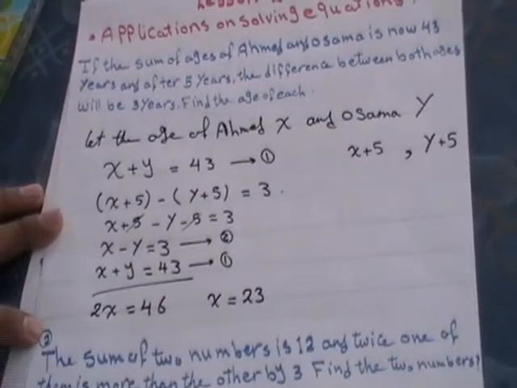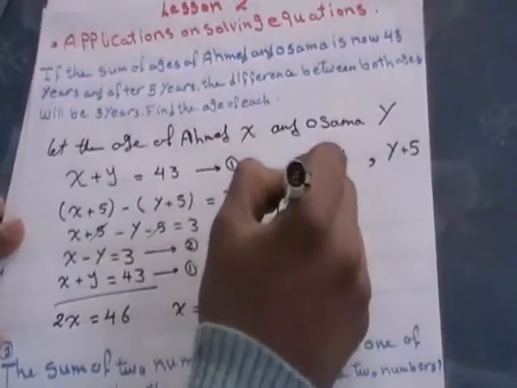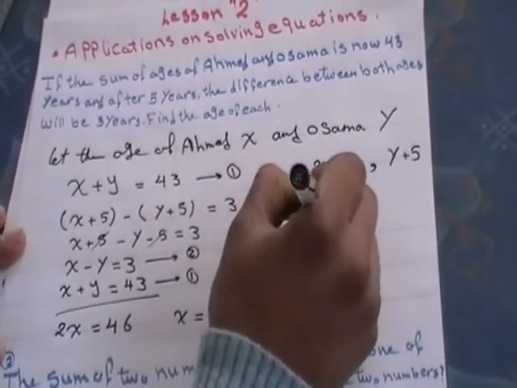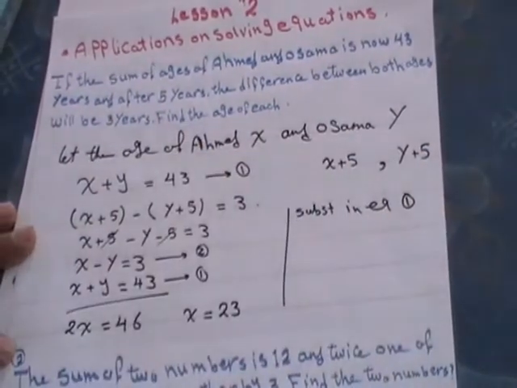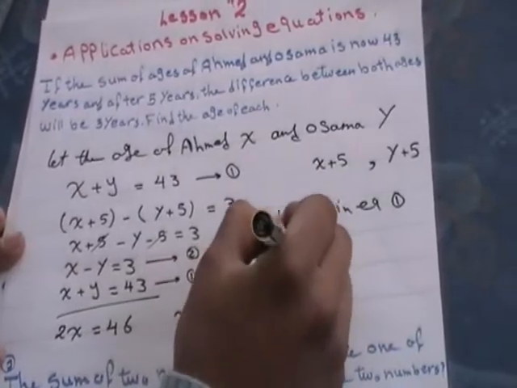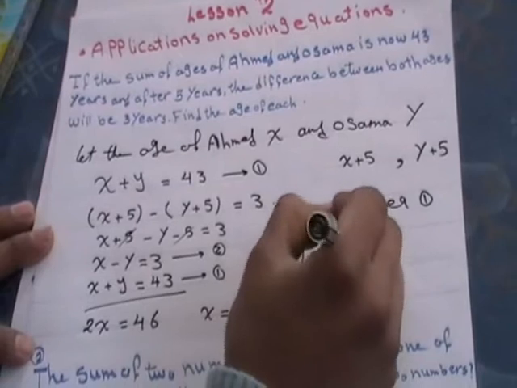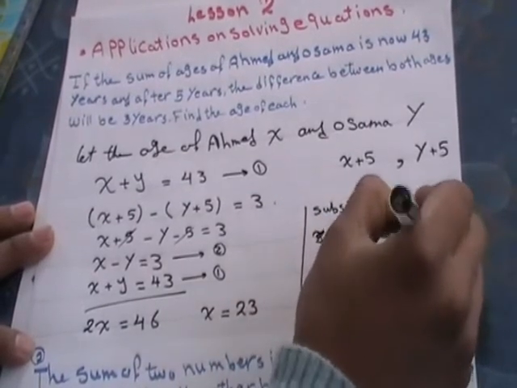If you have x equals 23, you will substitute in one of the two equations, like substituting in equation number 1. Substitute in equation 1, and you must write what you will do. So you will have x equals 23, so put 23 plus y equals 43.